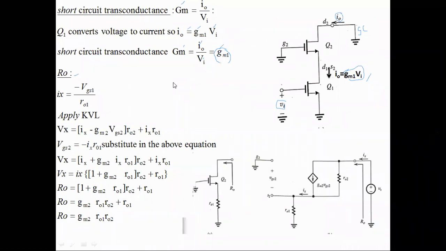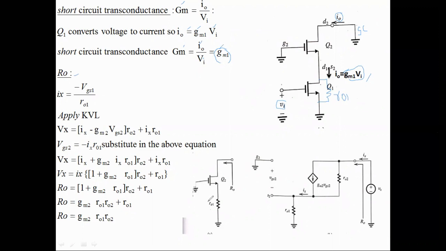Now, in order to calculate output resistance, first make Vi equal to 0. If you make Vi equal to 0, the gate and source are grounded. Only one resistance is available between drain and source, that is r01, so Q1 is replaced with r01. Then the Q2 gate is grounded.